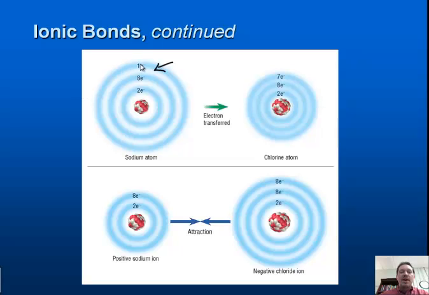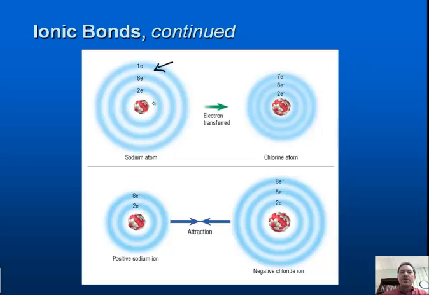It has 1 right now, and let's say it's in close proximity to some chlorine atoms. Chlorine has 2 inner electrons, 8 on the next shell, and then 7 valence electrons, 7 outer electrons. So it wants to have 8 here as well.